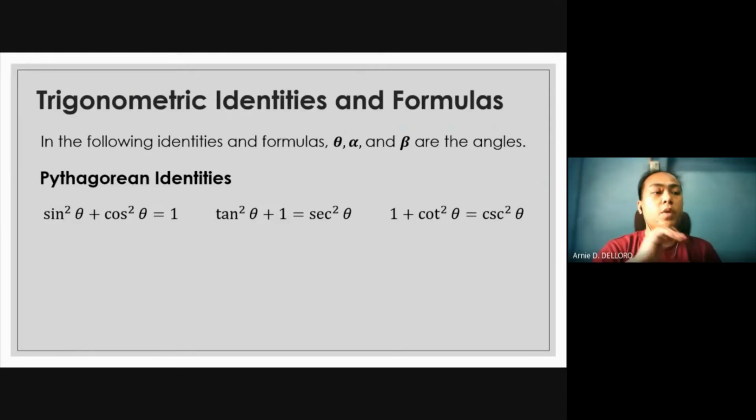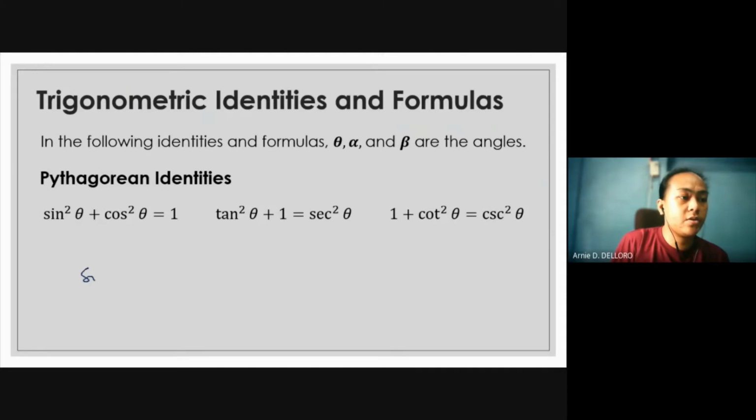Okay? Maybe you're wondering, paano nakuha yung tangent squared theta plus 1 equals secant squared theta? Ang ginawa lang po dyan, nag-start siya dito: sine squared theta plus cosine squared theta equals 1. Say for example, if you want to get tangent squared theta plus 1 equals secant squared theta, all you have to do is to divide.